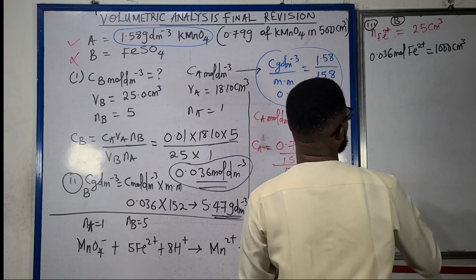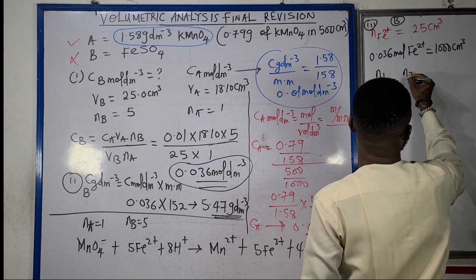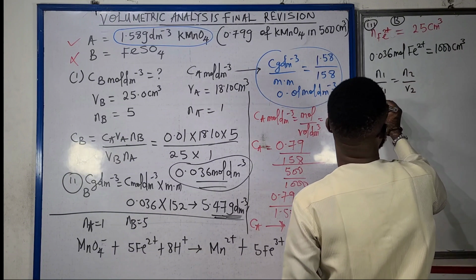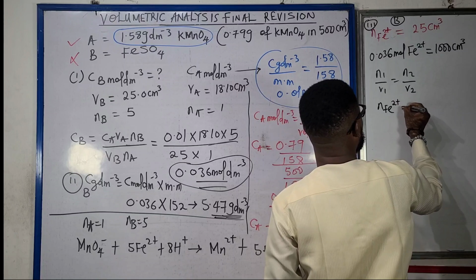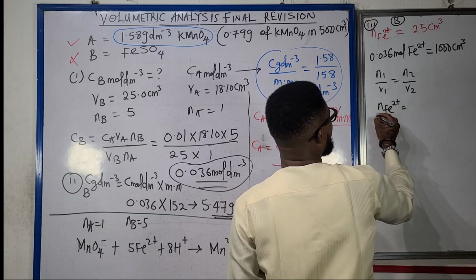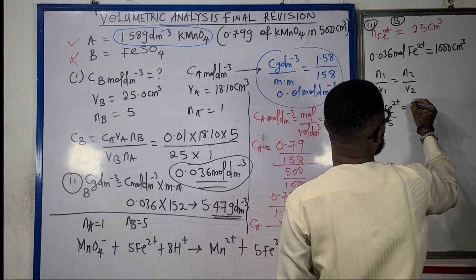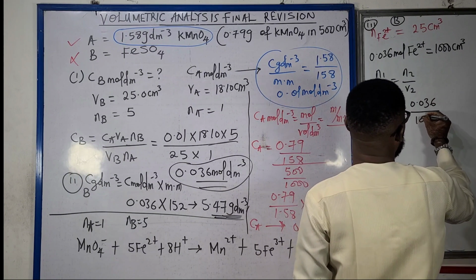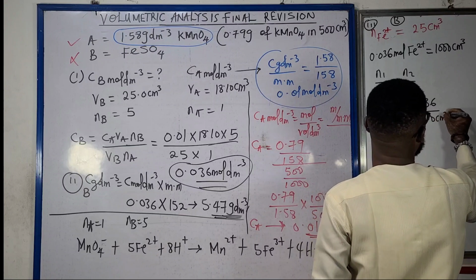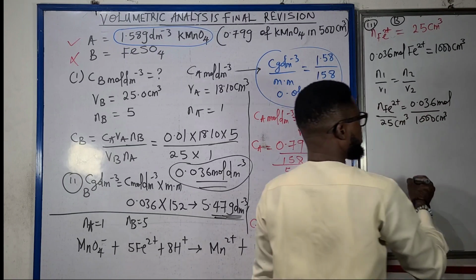So knowing fully well there is this formula, N1 over V1 equals N2 over V2. In this case, this is going to be N Fe2+ equals, what is the V1? The V1 is 25, N2 is 0.036 divided by 1000 cm cube.